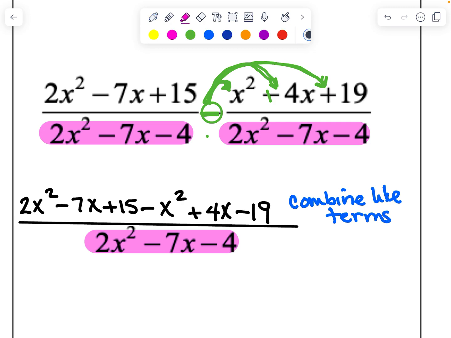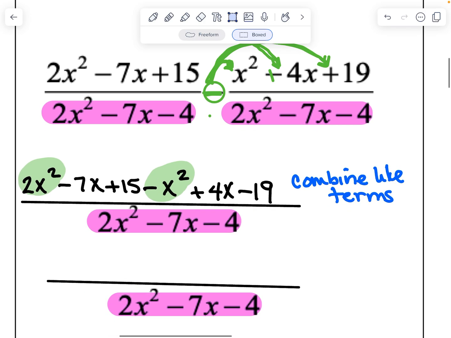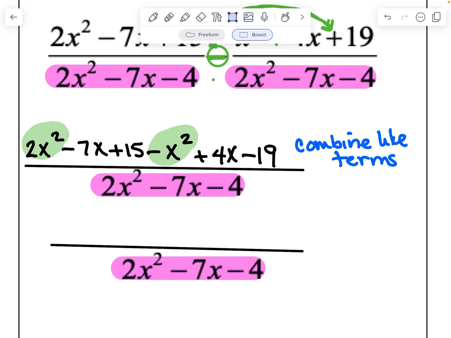So when we combine like terms, this time we have a 2x squared taking away an x squared, which is going to give us, hang on here, still have a fraction bar, and we still have the same denominator. But now 2x squared minus x squared is x squared.